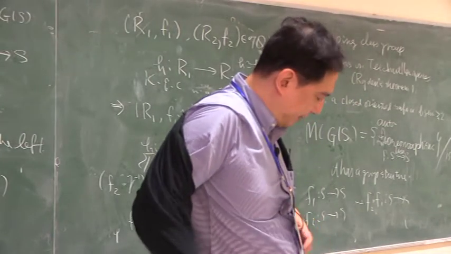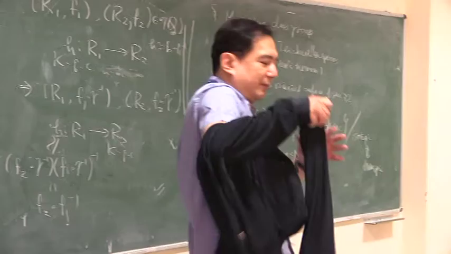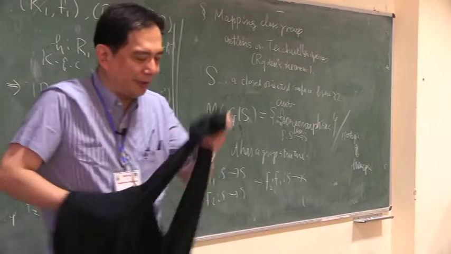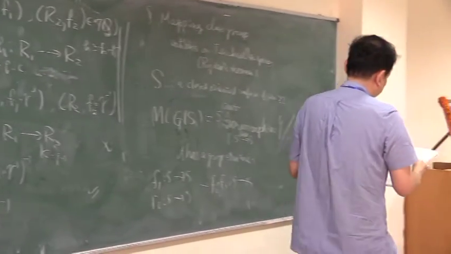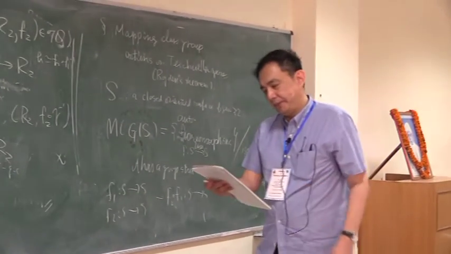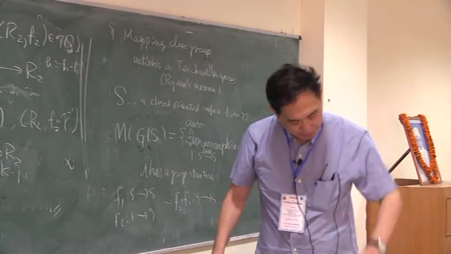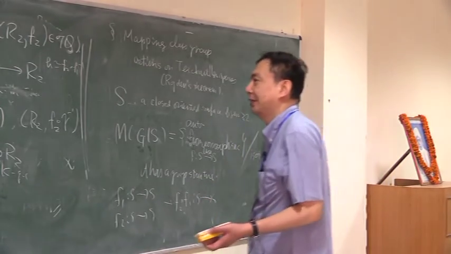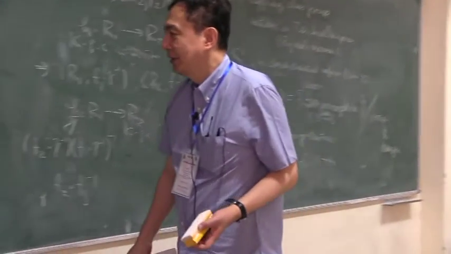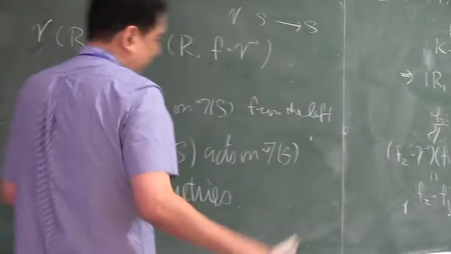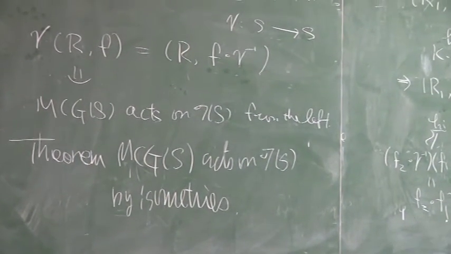But what's interesting is that you have a kind of classification of elements of the mapping class group using the Teichmüller space. But I have 15 minutes, so maybe I should talk about it later. Let me just turn to the Royden theorem before that.